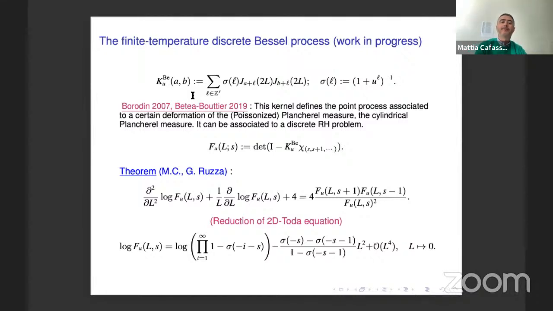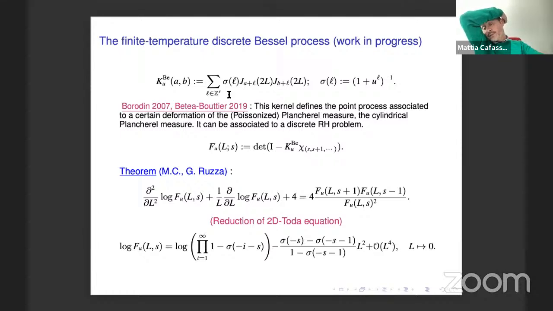Okay, and a little bit mimicking or reproducing what we did in the case of the deformed IV kernel, we can associate also to the study of the determinant of this operator, so this function that I define as F_U(L,S), a discrete Riemann-Hilbert problem, discrete in the sense of Borodin, which treated the case in which this sigma is equal to the indicator function of the positive semi-integers.